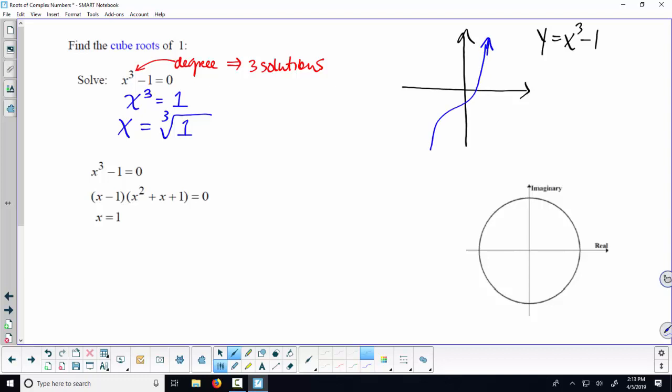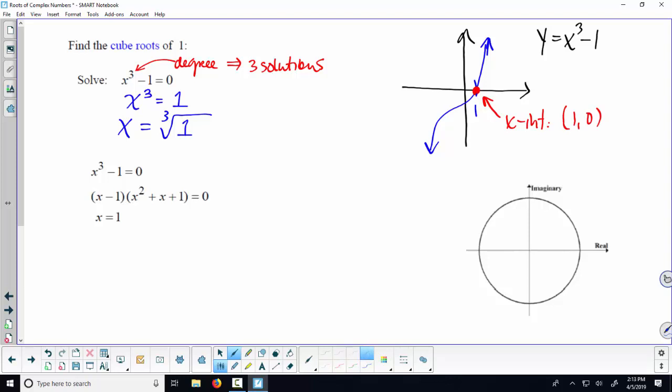So remember, the solutions to this equation are the zeros of this function, or the x-intercepts if they're real numbers. So I've got 1, 0, or 1 real solution, because it's an x-intercept, so it is the point (1, 0). That's a real solution to this equation.